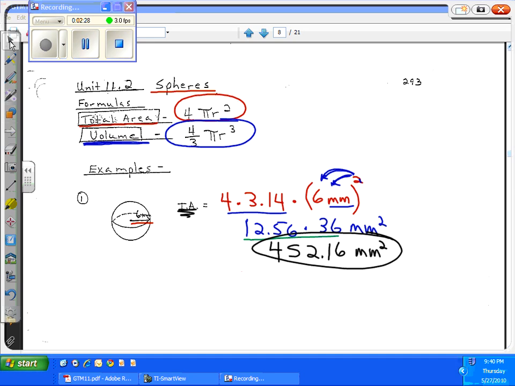So volume is 4/3 pi r cubed, 4/3 times pi, 3.14 times the radius, which is 6 millimeters, quantity cubed. Now we're going to distribute that cube. 6 cubed is 6 times 6 times 6. 6 times 6 is 36 times another 6 is 216 millimeters cubed.